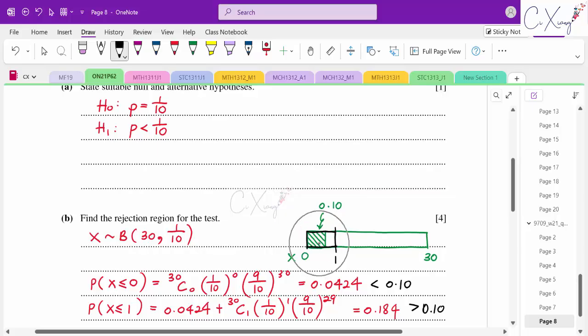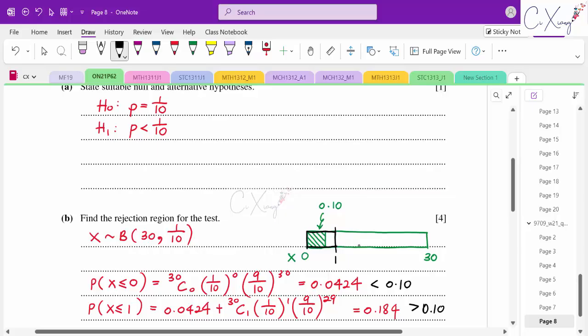So this black color area is the probability x smaller equals to 1. And you can see that the borderline 1 actually falls under the acceptance region. 0 is inside, but 1 is already outside, because the area you calculate for x smaller equals to 1 is bigger than the significance level. So when you draw an area bigger than it, you can see that the 1 falls under the acceptance region.